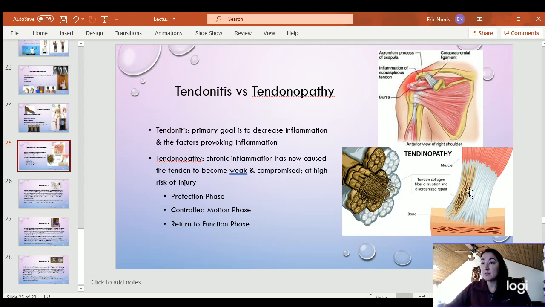So with that, we need to be more aware with our treatment to protect the area, to avoid a tear, to really control the motion. So it goes through phases kind of like with a rotator cuff repair, where you're trying to first protect and strengthen in a very protected manner, and then trying to get the motion back, but targeting the muscle imbalances so that the motion is good and not causing more inflammation.